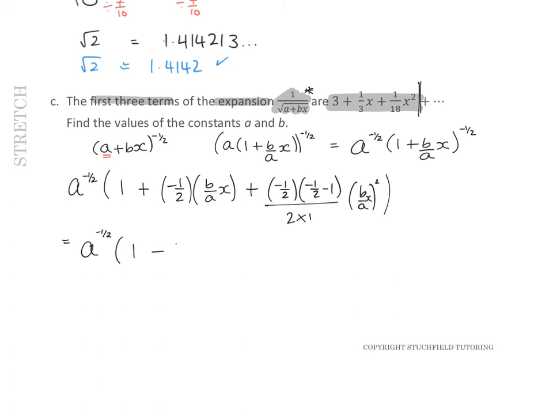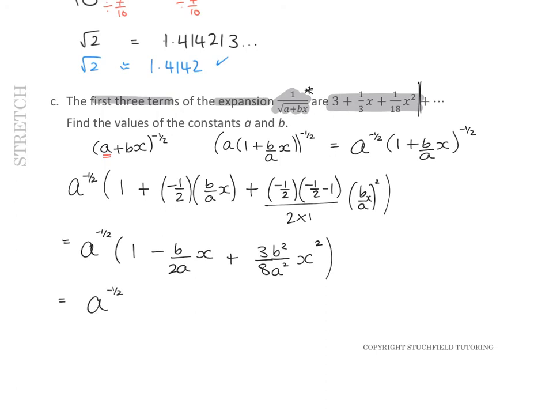This is minus b over 2ax. I'm going to put that on my calculator. So this is 3/8. And then I've got b squared, a squared, x squared. And now I'm going to expand it further to get my values.